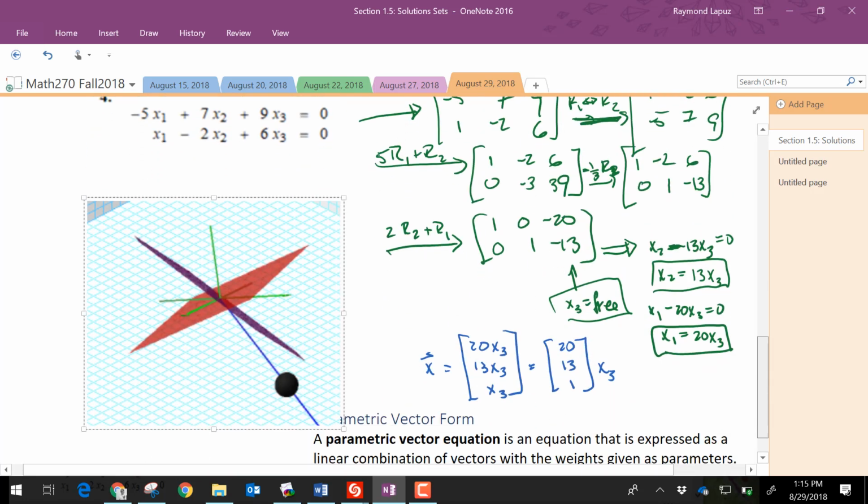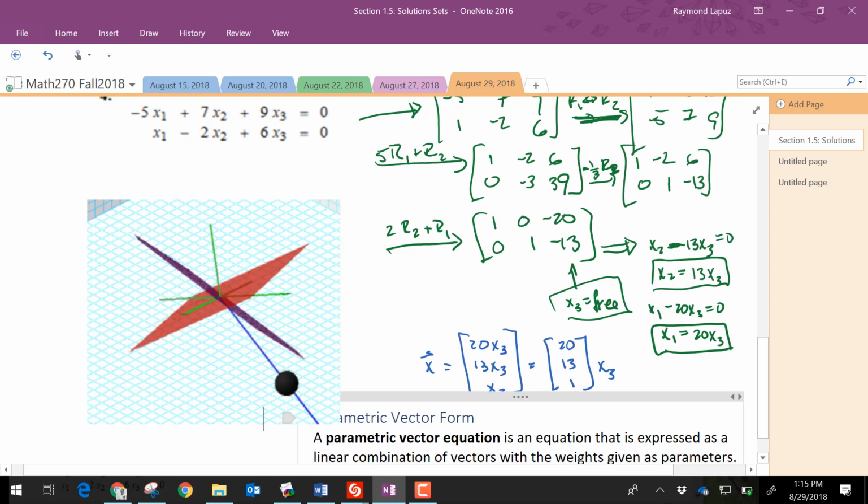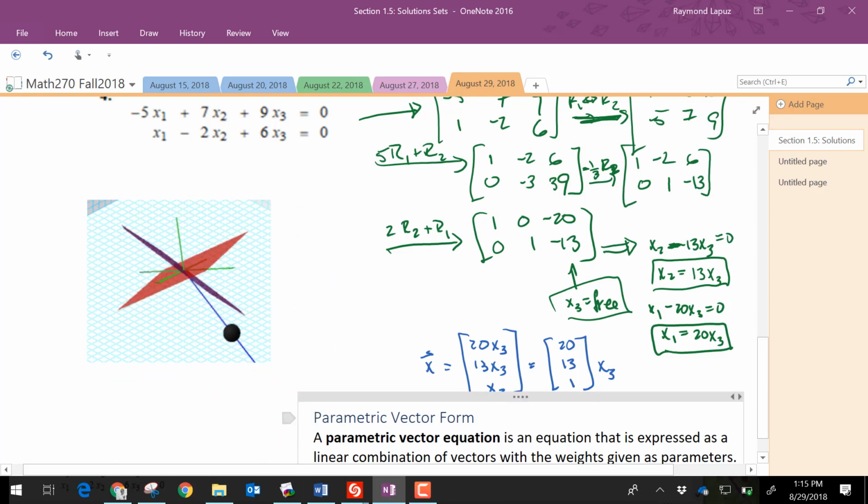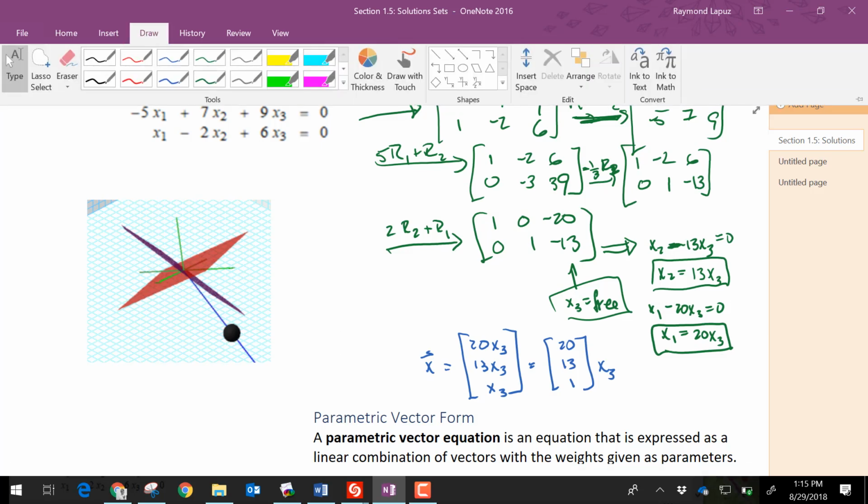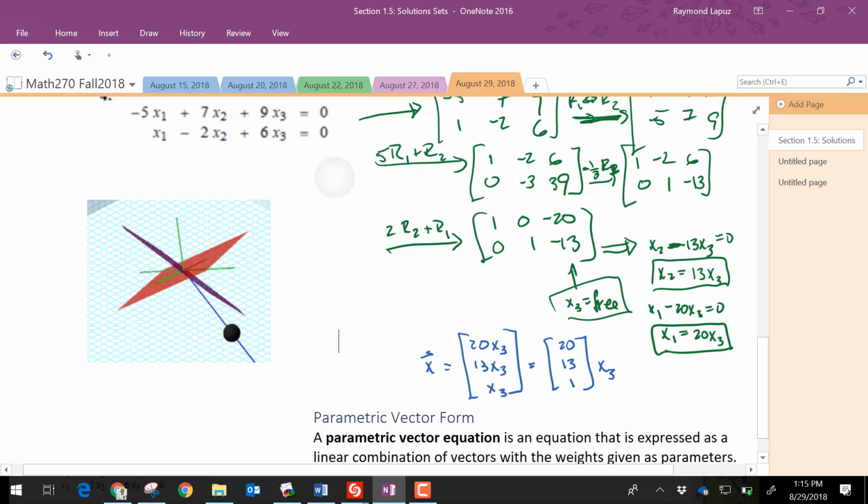I have to shrink this a little bit, and let's see if I can say what I just said again. So these are the two planes. I don't know which one is which, but did anybody see which one is which? Doesn't matter. So those are planes, and they intersect in a line.